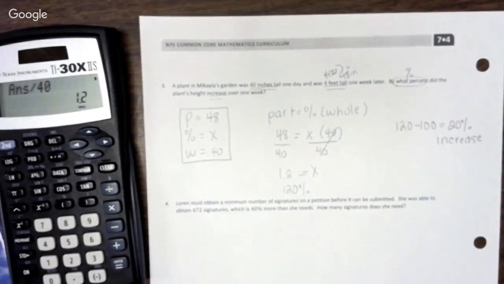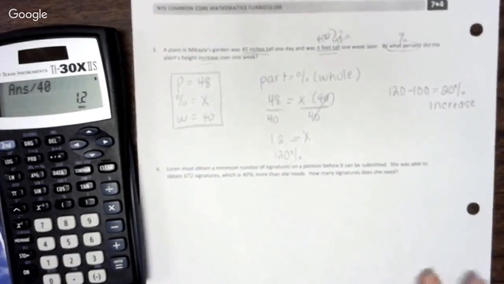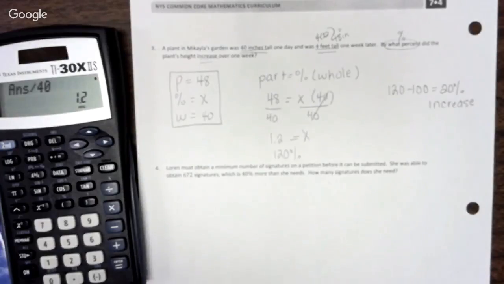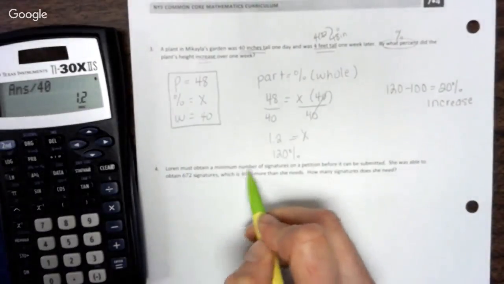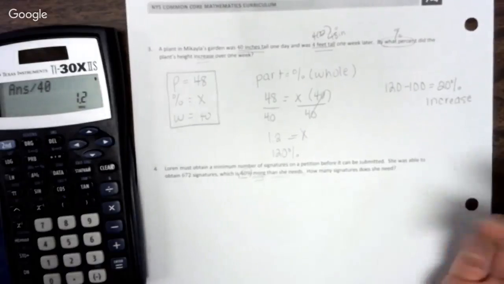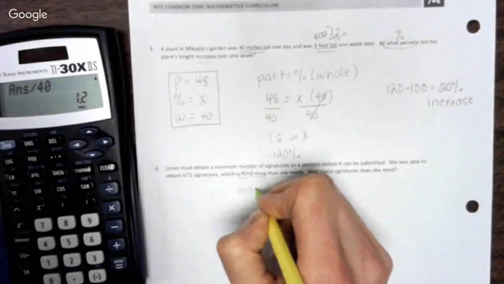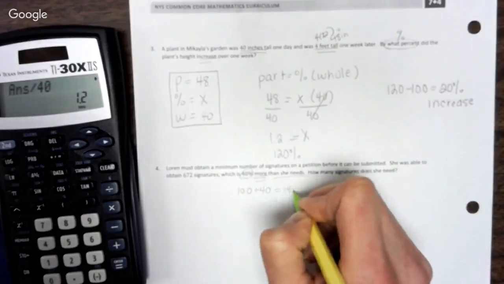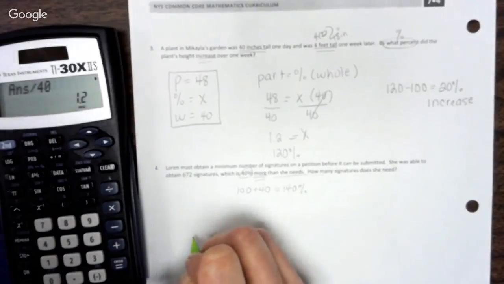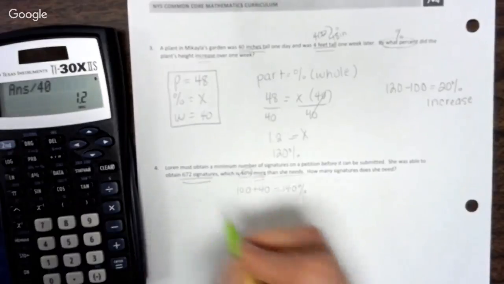All right, number 4. Lauren must obtain a minimum number of signatures on a petition before it can be submitted. She was able to obtain 672, which is 40% more than she needs. Now, 40% more means we need to add 40 to 100, which gives us a percentage of 140.